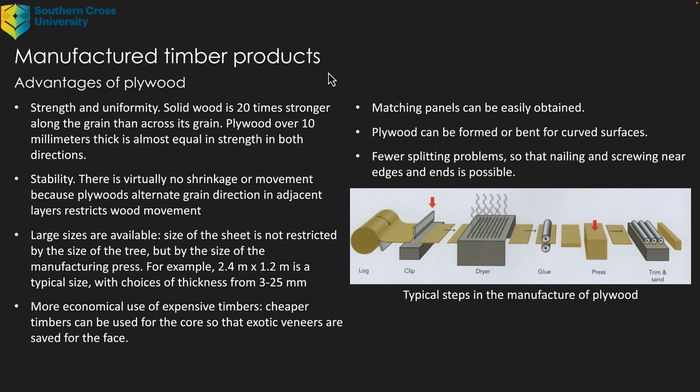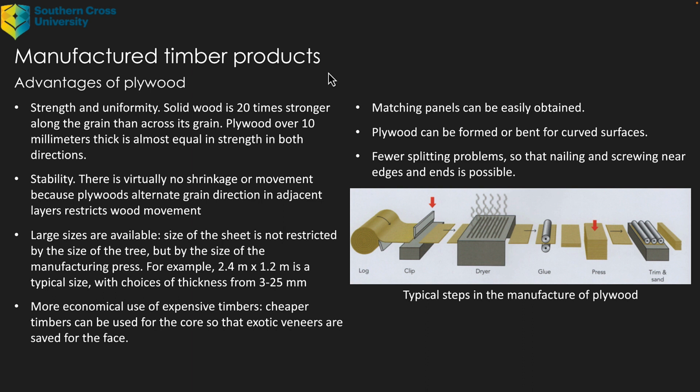It uses expensive timbers way more economically, so cheaper timbers can be used for the core so that exotic veneers, and there's a whole range of veneers that you can get, from cedars through to maples to all sorts of things, you can save for the face.